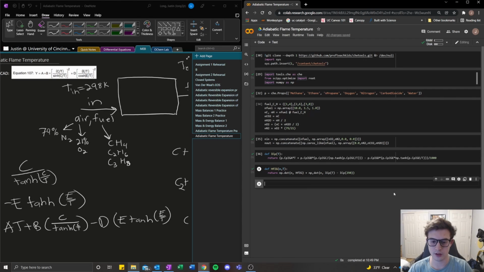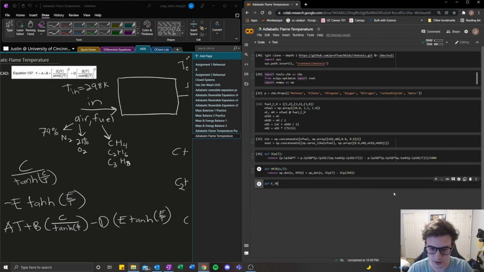And then we're going to need a third function, and this is kind of just setting up our root solver. And what should we call this one? We'll call it energy balance.